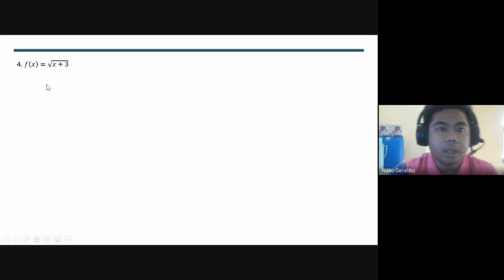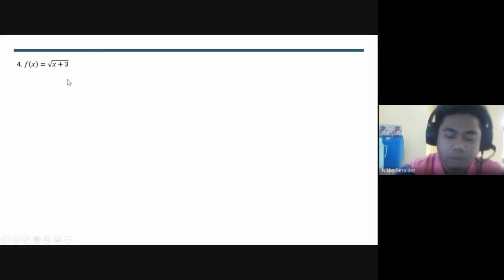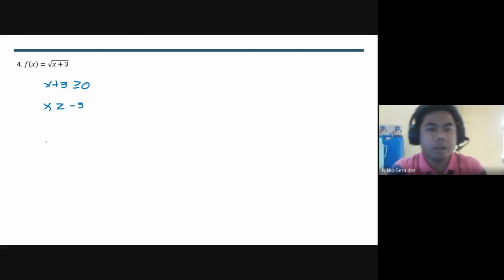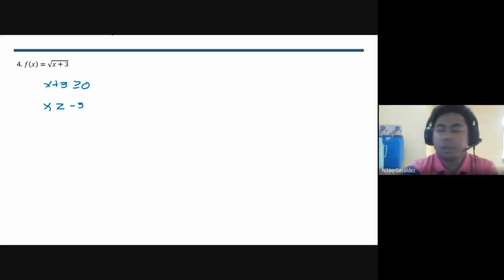So, first step, so set the expression inside the square root sign equal or greater than 0. So, we have x plus 3, so greater than or equal to 0. Then solve for x, or transpose positive 3. So we have x equal or greater than negative 3. So the value of x should be equal or greater than negative 3.